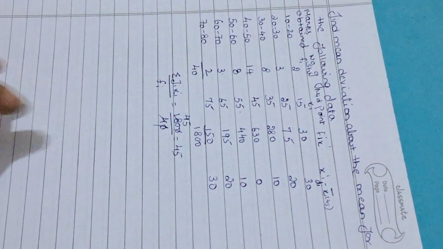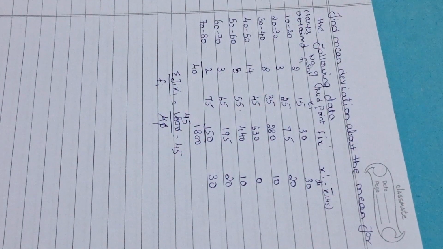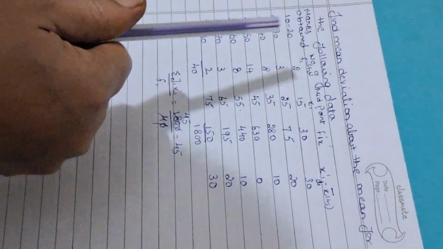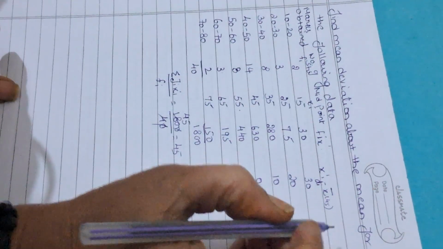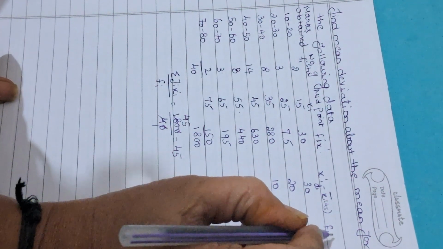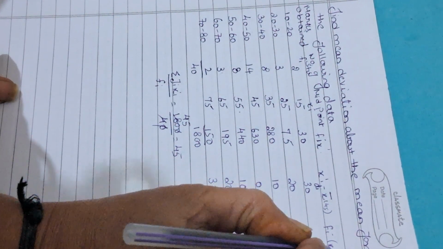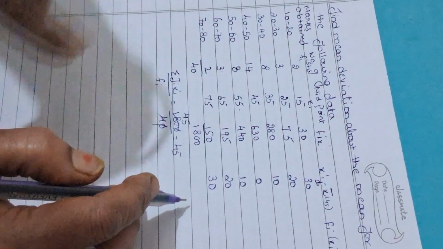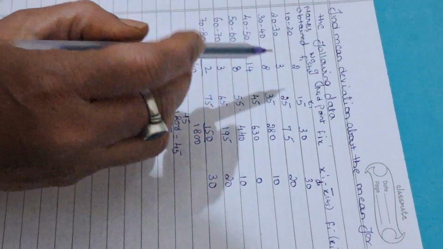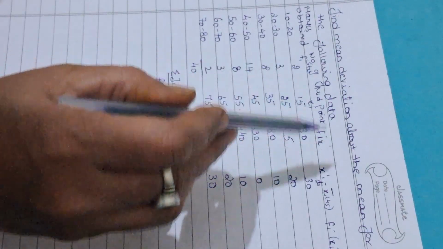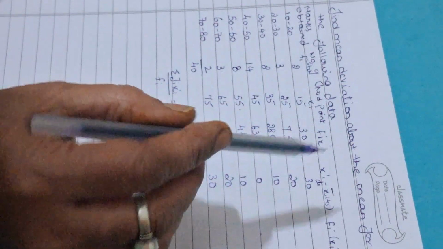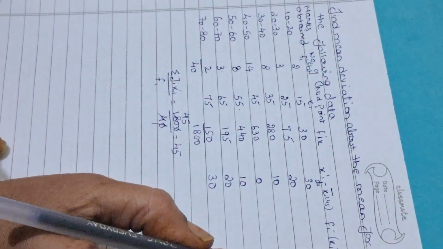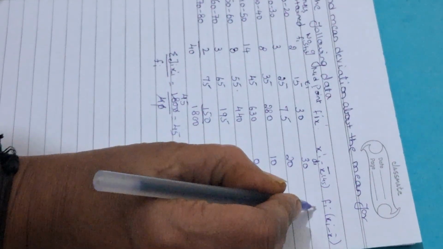Now I multiply the deviation with fi. I bring the frequency fi over here, along with the deviation xi minus x. Now I start. fi is 2 and the deviation is 30, so 2 into 30 is 60.